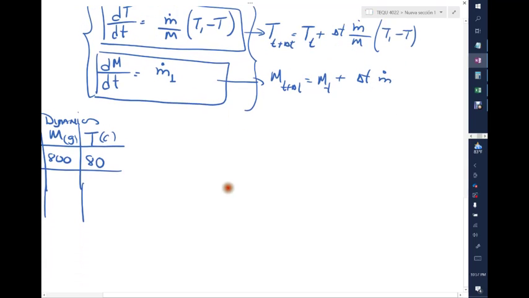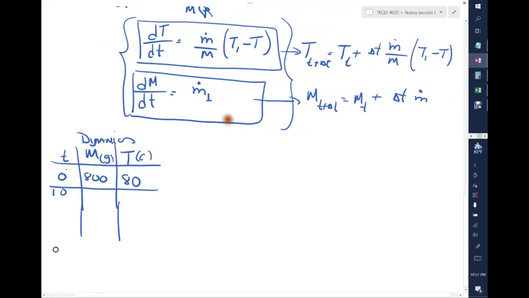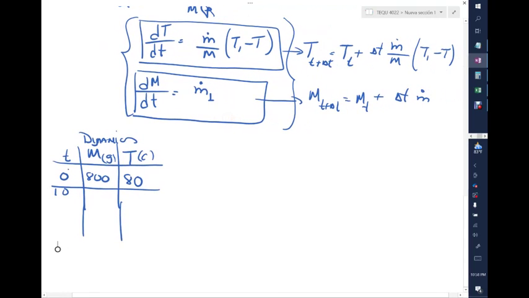So we can use both definitions of Euler method and get this going. Actually, I'm going to do it here for one calculation, but then we move to Excel, because that would be the way to do this. So, for example, let's say that I'm interested in the mass at 10 seconds. What's going to be the new mass here, and what's going to be the new temperature here?